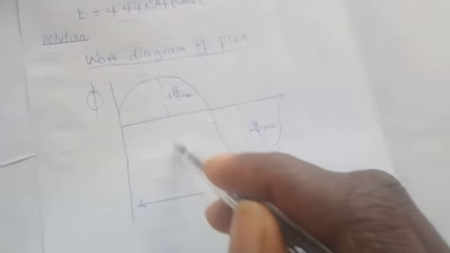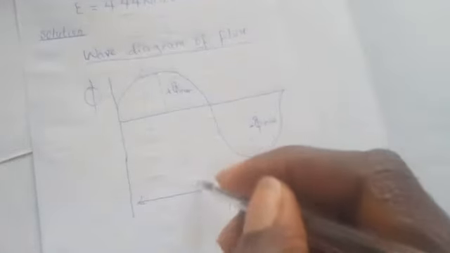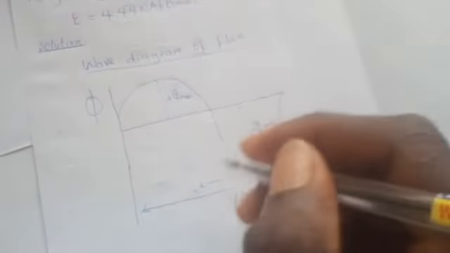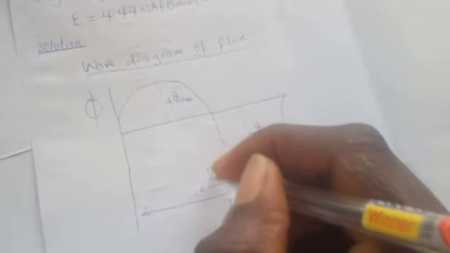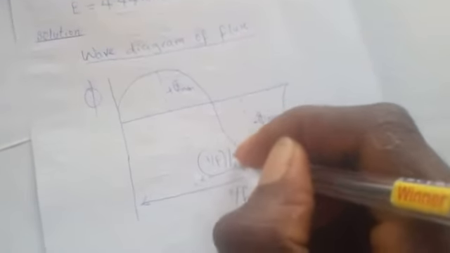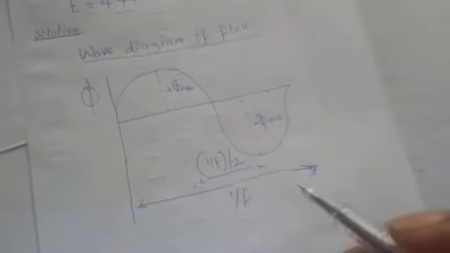But now I have to determine the average rate of change of flux. Before I do that, from here to here is half of this, so that is 1 over f divided by 2, that is 1 over 2f.